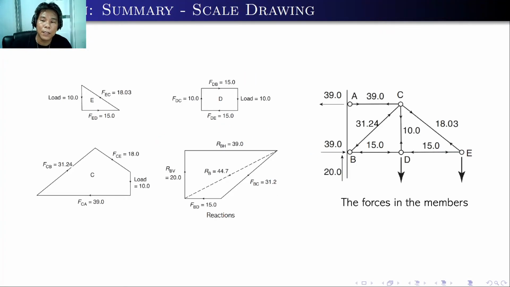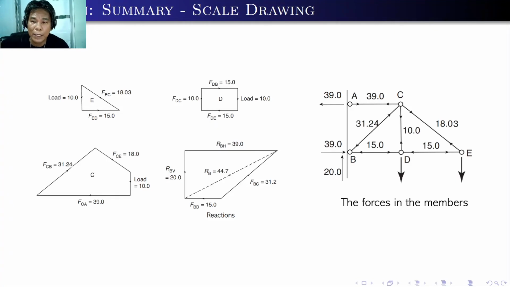So here is the summary of the forces computed using scale drawing. So actually, it's quite easy to use this one, but of course, since we draw the polygon in every joint, it makes the solution tedious.